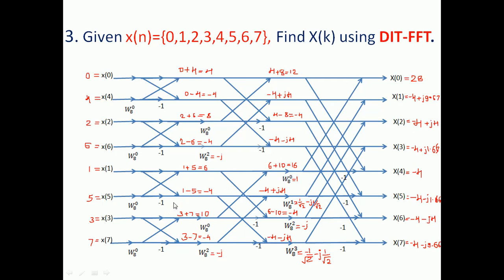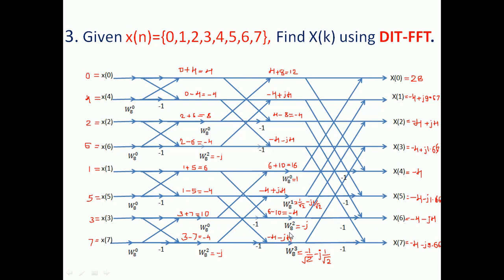Then minus 4 and this minus 4 into minus j, that is plus j4. At this point we have minus 10 plus 6, so minus 4. Next minus 4 into minus j into minus 1, that is minus 4 minus j4.